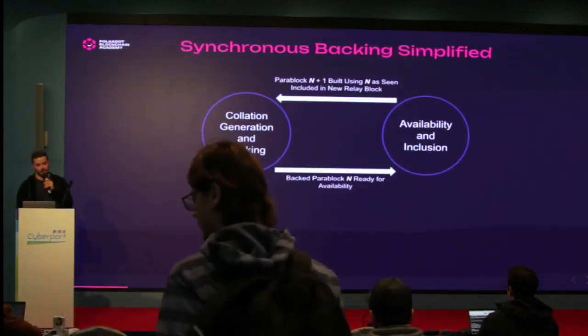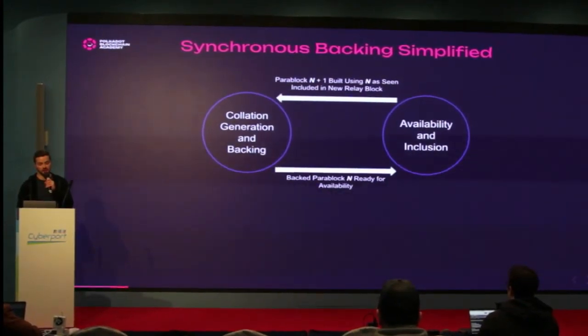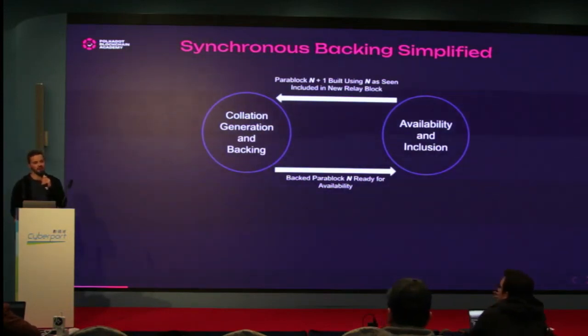Now, parachain block N+1 is built using parachain block N as it's seen included in a new relay chain block. And the result of this is that these two processes, these two purple circles here, are joined at the hip. Like one cannot begin until the other ends. And this causes some bottlenecks.